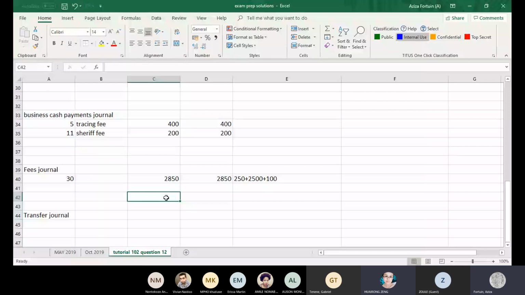Fees journal, that should be 2850 divided by 3. That is 950, but it should be minus 950. Yeah, I don't know how to put that. Yeah, it's minus 950. Anything else? I think that is the close of the fees journal.